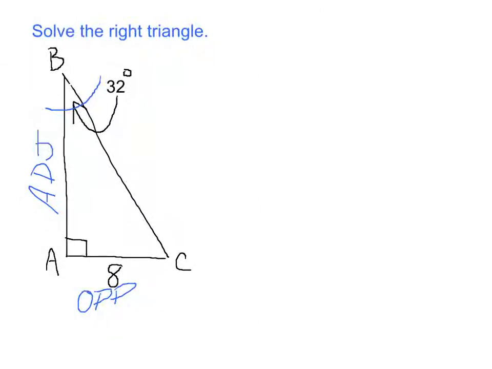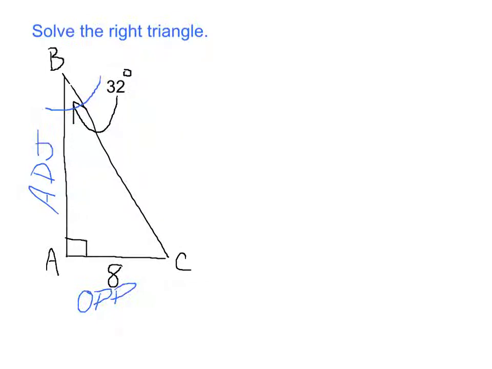Now, why did I label these two sides? These sides have to be labeled so I can go back to my trig functions and see which function, sine, cosine, or tangent, uses adjacent and opposite. So I know I want to use tangent. What I have to do is set up my trig ratio.